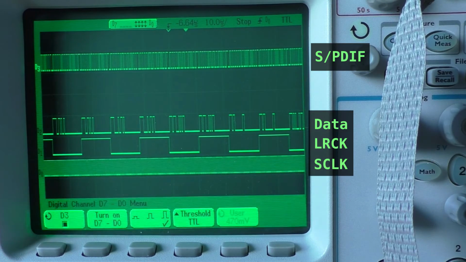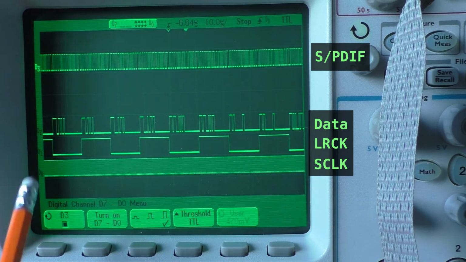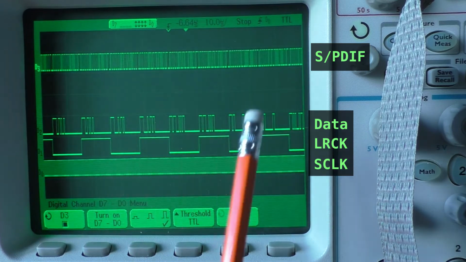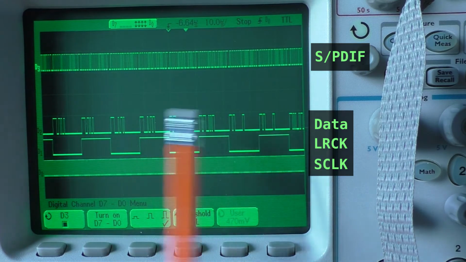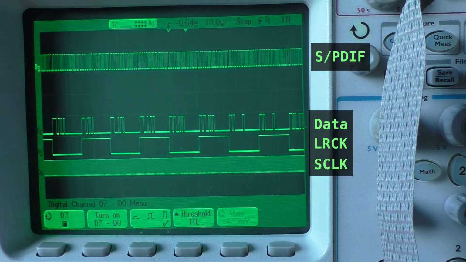In I2S, these signals are generally called SCLK or OSCLK. S stands for sample, so that's the SCLK sample clock. Then you've got the left-right clock over here, that's the LRCK. And the data is just called data or SDATA, that's the top one.